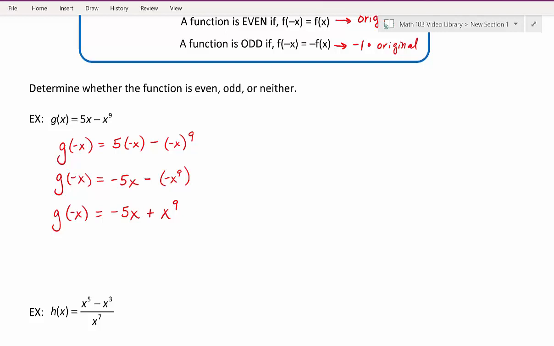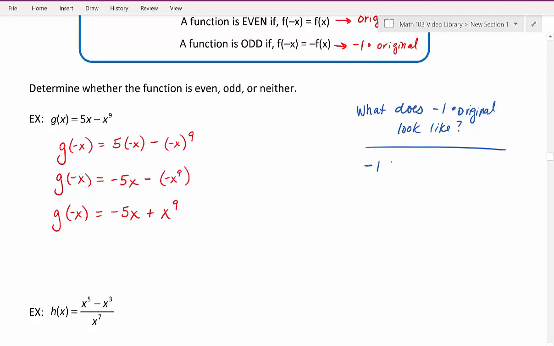So what I like to do is, over on the side, see what negative 1 times the original looks like. Just do a little side work so I know what it would have to look like in order to be odd.